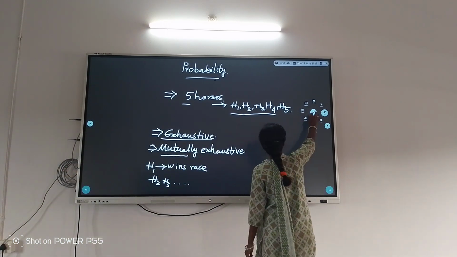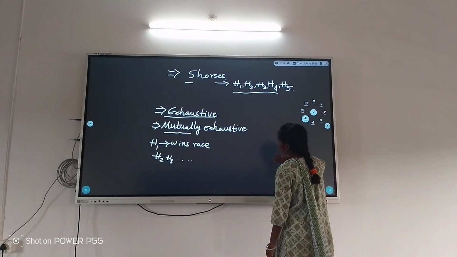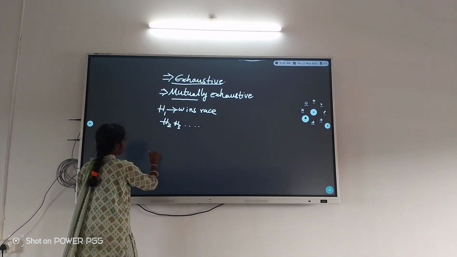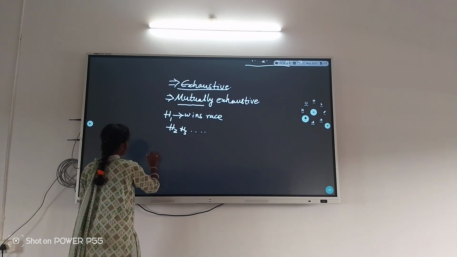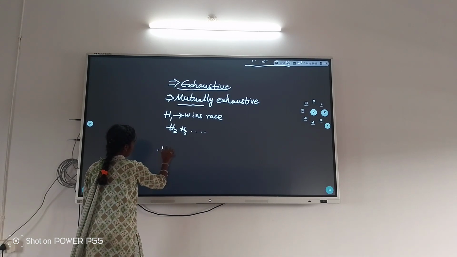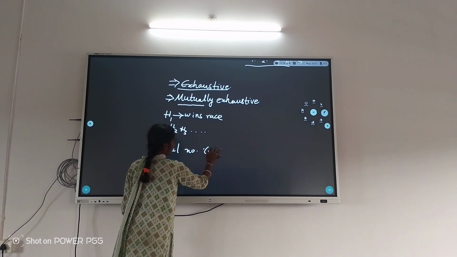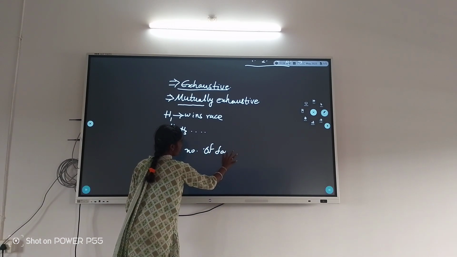And we have the equation for finding the probability: the total number of favorable outcomes or events.